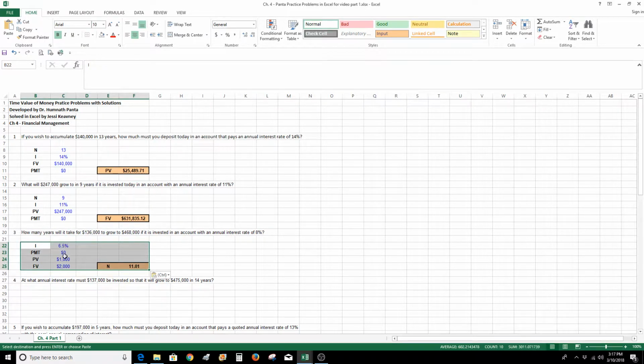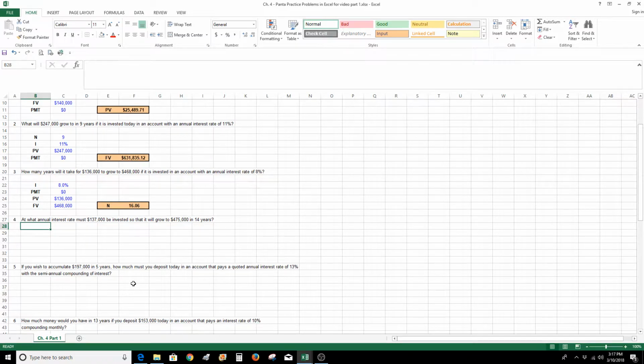How many years will it take for $136,000, so that's your present value, to grow to $468,000 if it is invested in an account with an annual interest rate of 8%. So that gives us 16.06 years.